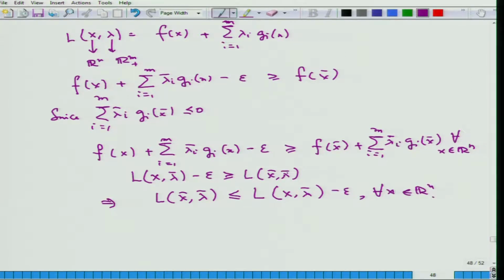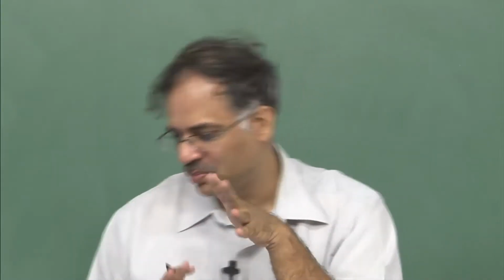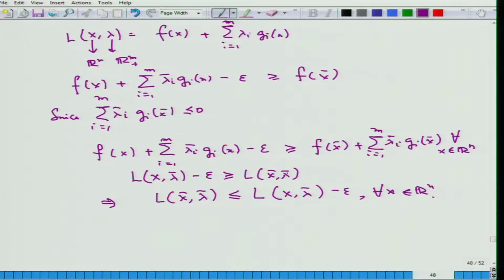Now, you have got something quite interesting from here, some interesting feature without any assumption of differentiability, some sort of strange looking saddle point thing. Now, again let me write down this equation.